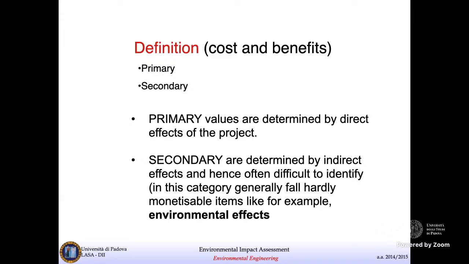Primary are values that are determined by direct effects of the project, while secondary are determined by indirect effects and hence are often difficult to identify. In this category, generally fall hardly monetizable items like, for example, environmental effects. Typically, environmental effects in a cost-benefit analysis have to be considered as secondary costs or benefits.